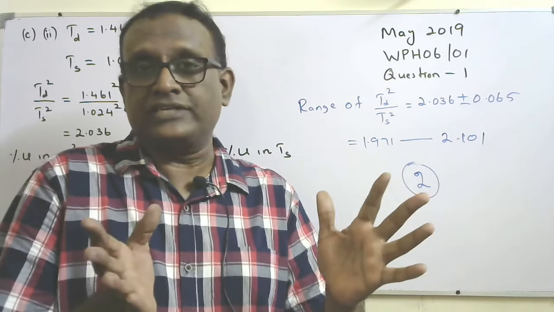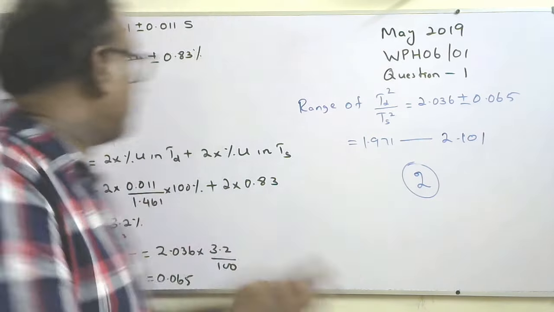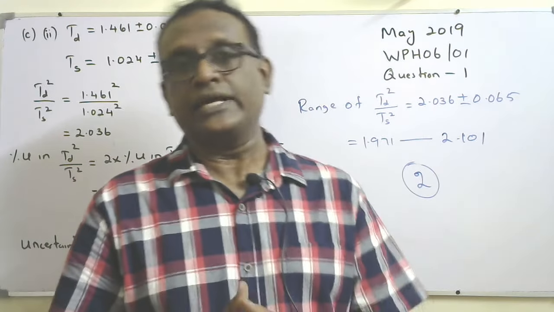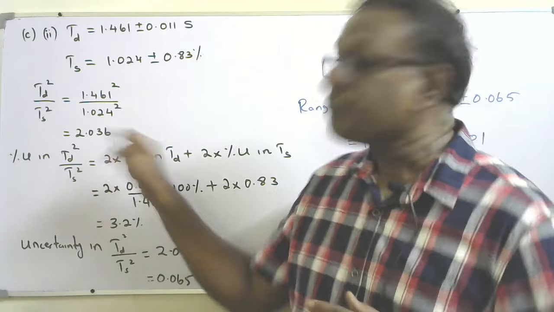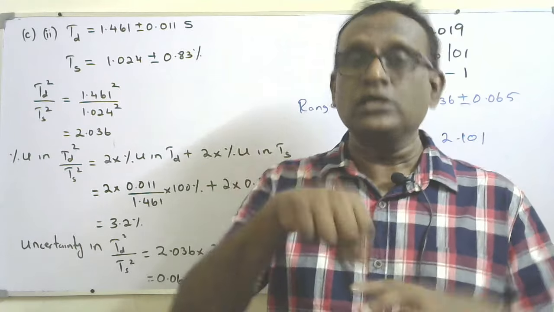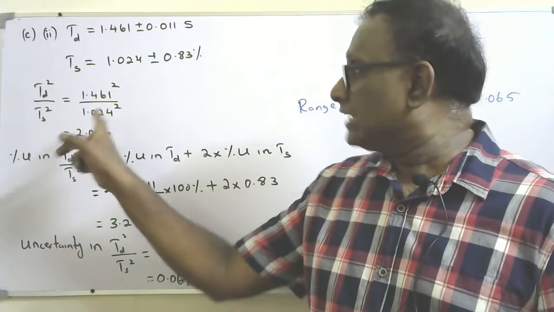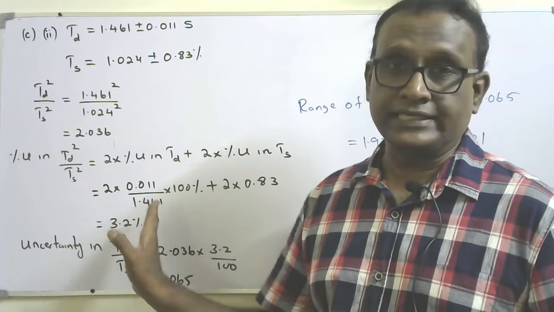You will get a percentage difference smaller than the percentage uncertainty 3.2. That is another method. Method 2, I can say, find the percentage difference between your experimental value and the theoretical value, which is 2. Difference over actual value, which is 2, into 100. Then compare with the percentage uncertainty.